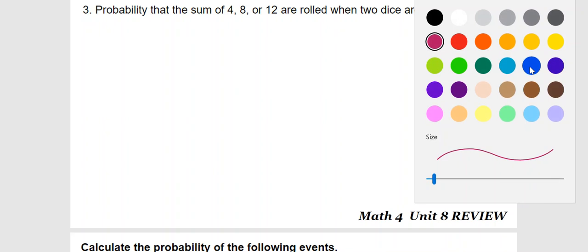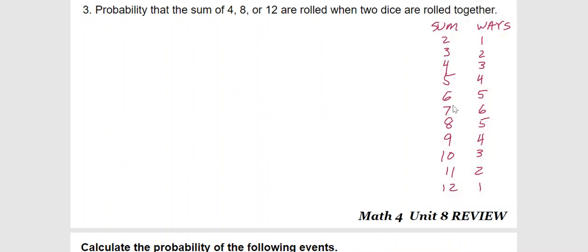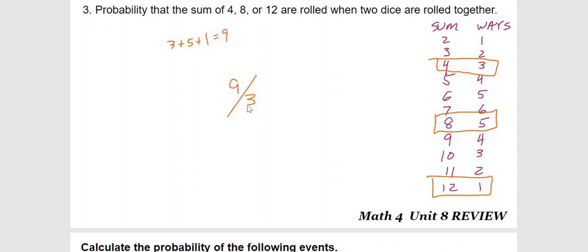So we go back with this and we say, all right, I want to roll either a 4 or an 8 or a 12. And so I see that there are 3 and 5 and 1 ways to make that. So there are 36 possible outcomes in rolling 2 dice. So that would be 9 out of 36 or 1 out of 4.